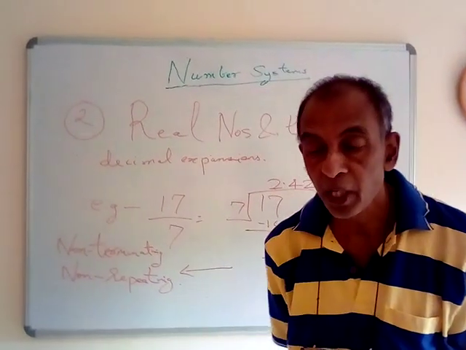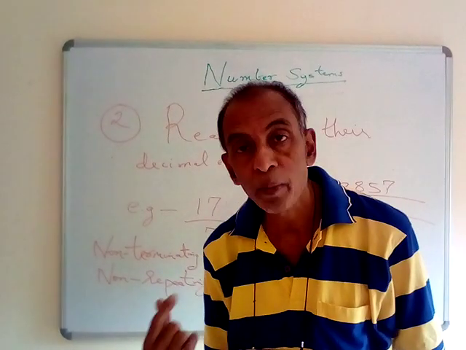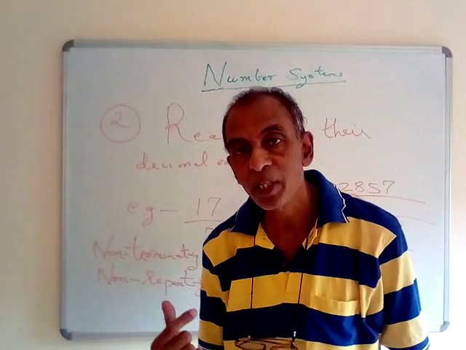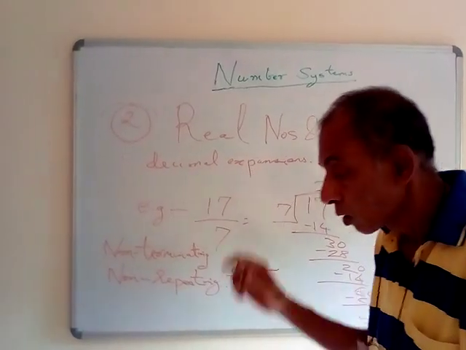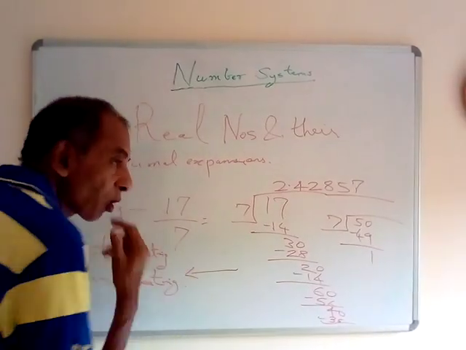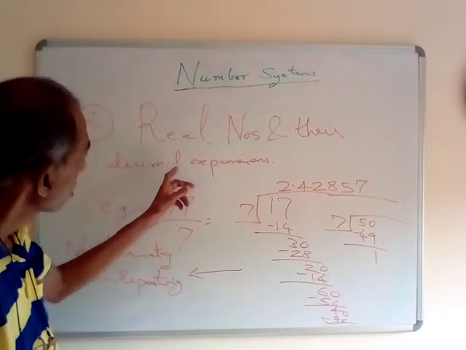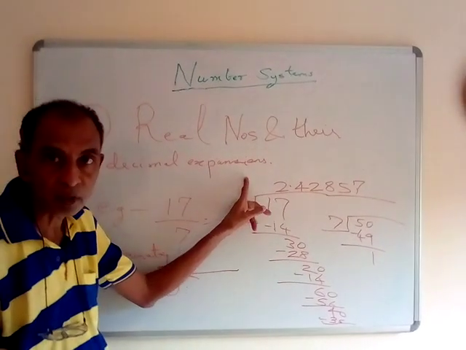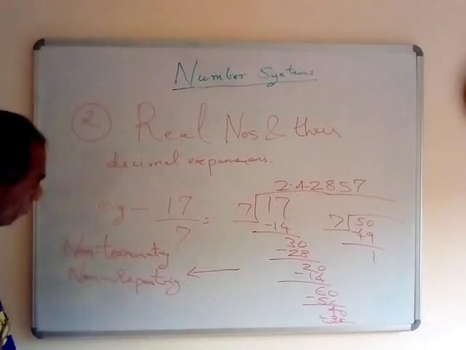So that 333 is repeating. So that is non-terminating but repeating. That also proves that it is a rational number. So here we get to know whether a number is a rational number or an irrational number by using this property, real number and the decimal expansions. Okay, I'll rub this out.